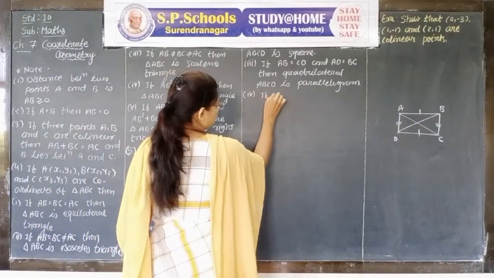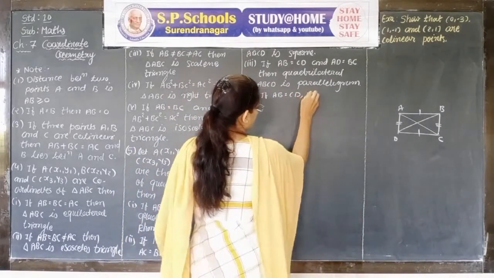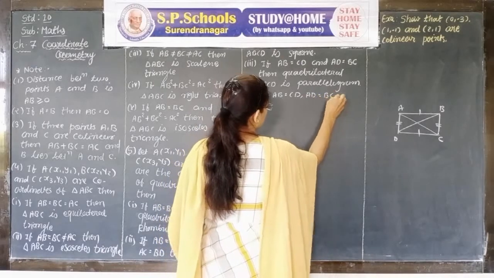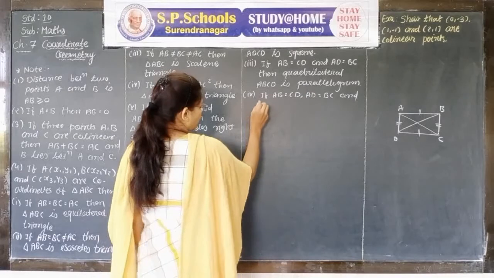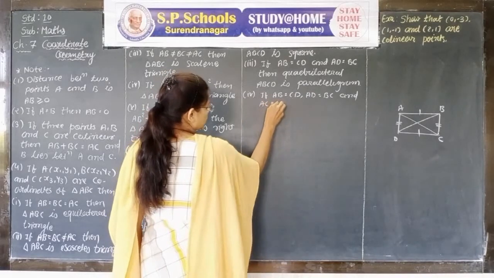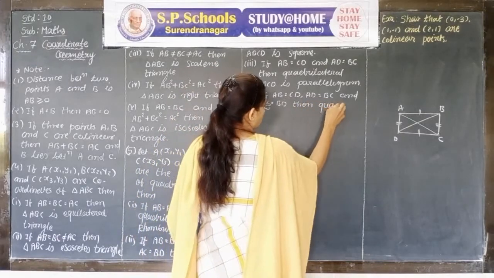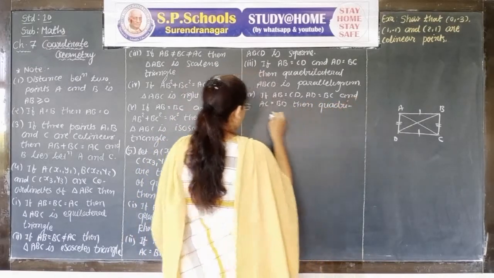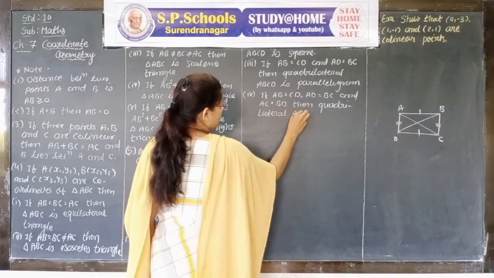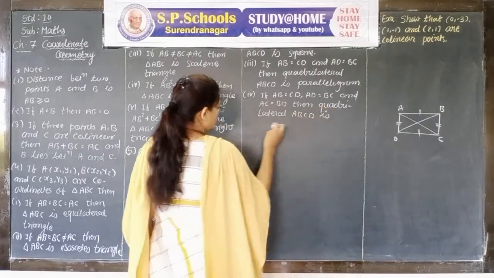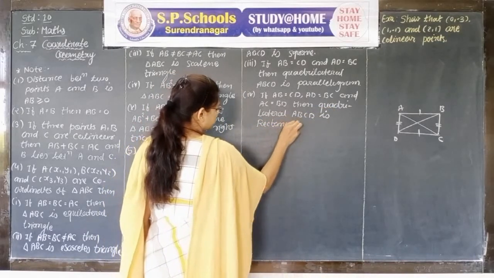If AB is equal to CD, AD is equal to BC, and the two diagonals AC is equal to BD, then quadrilateral ABCD is a rectangle.